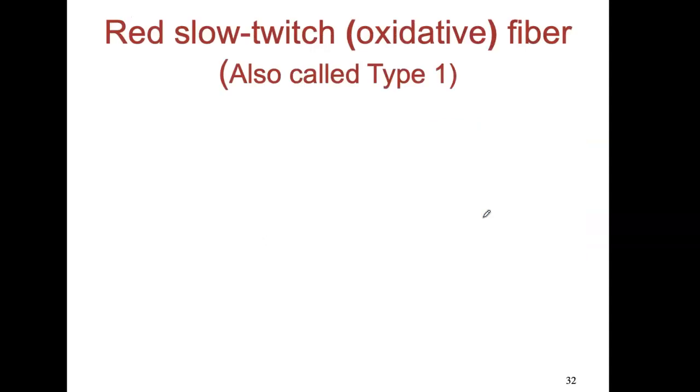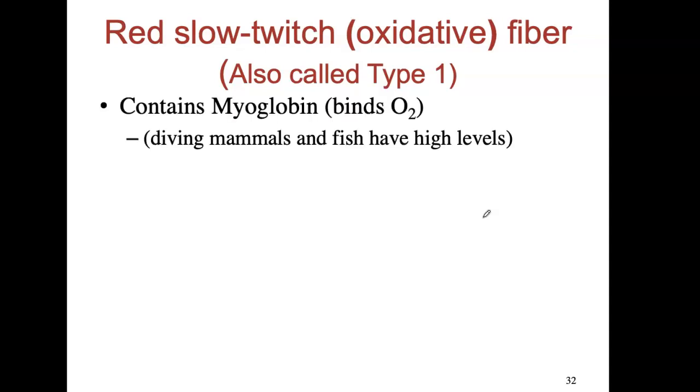Red slow twitch fibers have different names. The slow twitch fiber is also called oxidative, and it's also called type 1. Many synonyms: type 1, oxidative, or red slow twitch fiber. If it's red, it's because it contains something called myoglobin that's reddish.